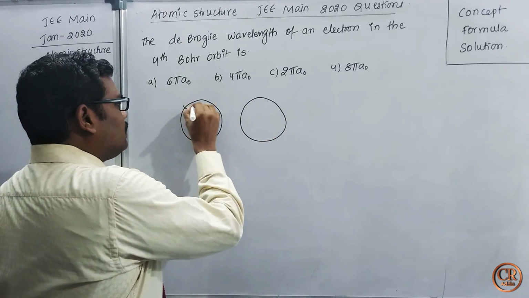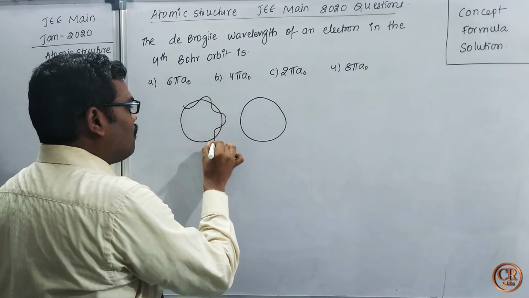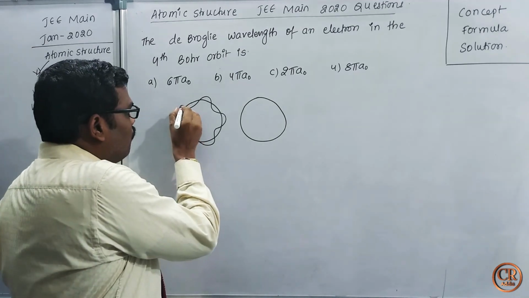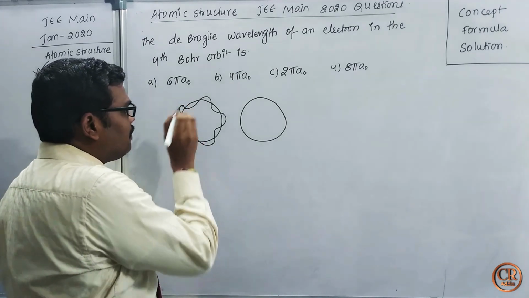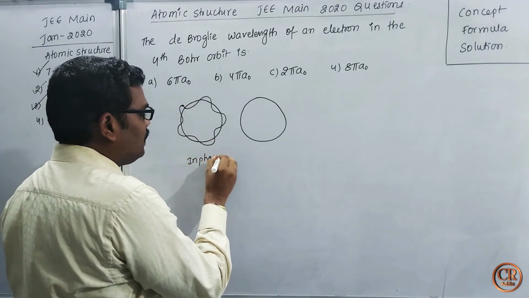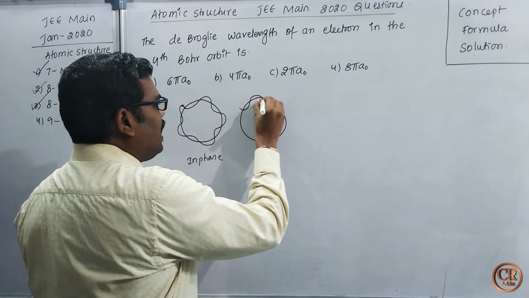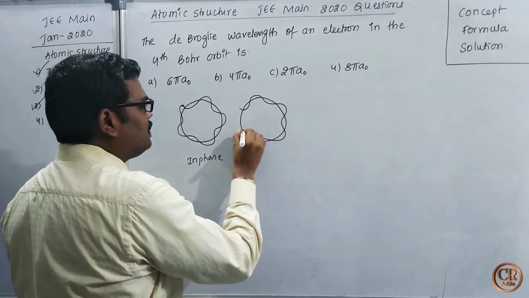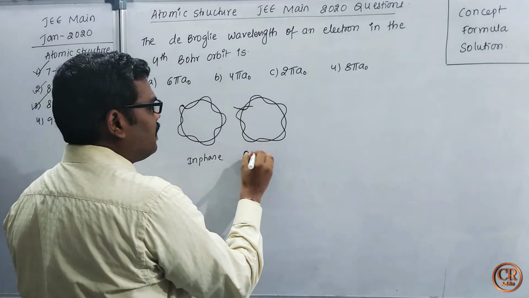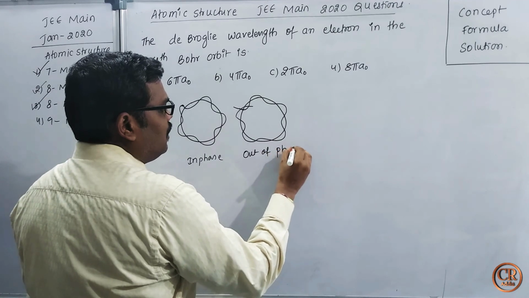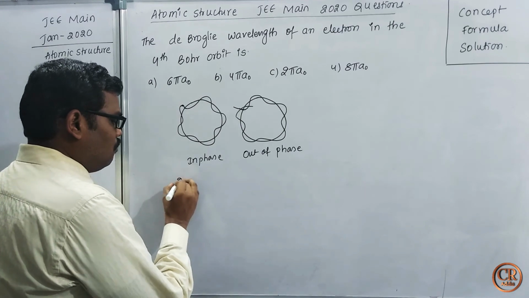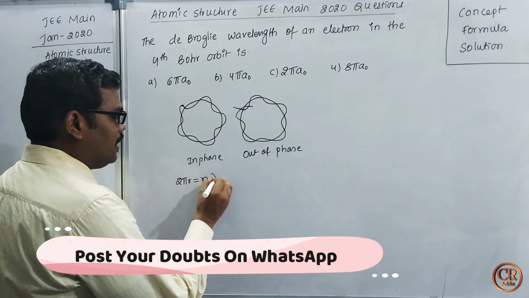If the electron is moving around the nucleus as a wave, and this wave can meet with the starting point, then this is called in phase. Suppose the wave ends do not meet with each other, then this is called out of phase. So de Broglie proposed that the wave is in phase when 2 pi r is equal to n lambda.